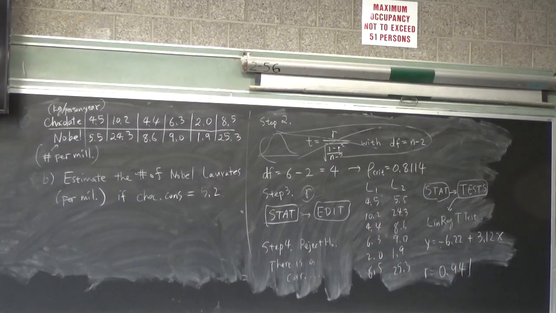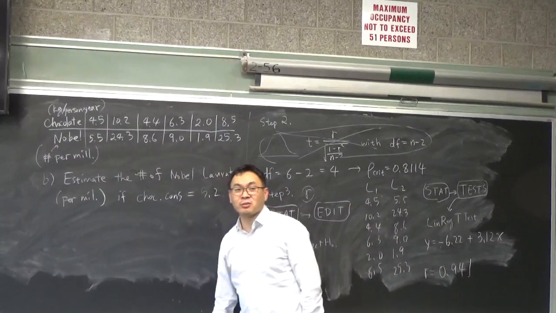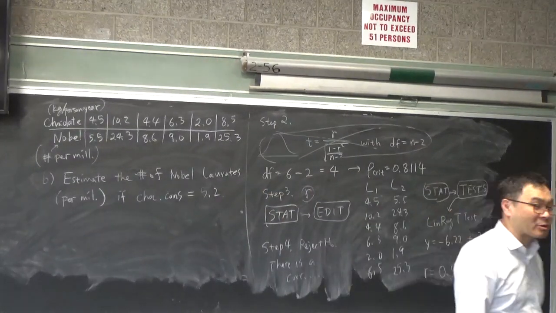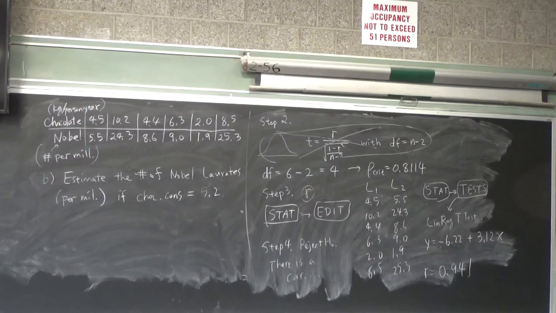So let's say you looked at a country and that country had chocolate consumption of 5.2 kilograms per person per year. What do you think is the number of Nobel laureates in that country per million?